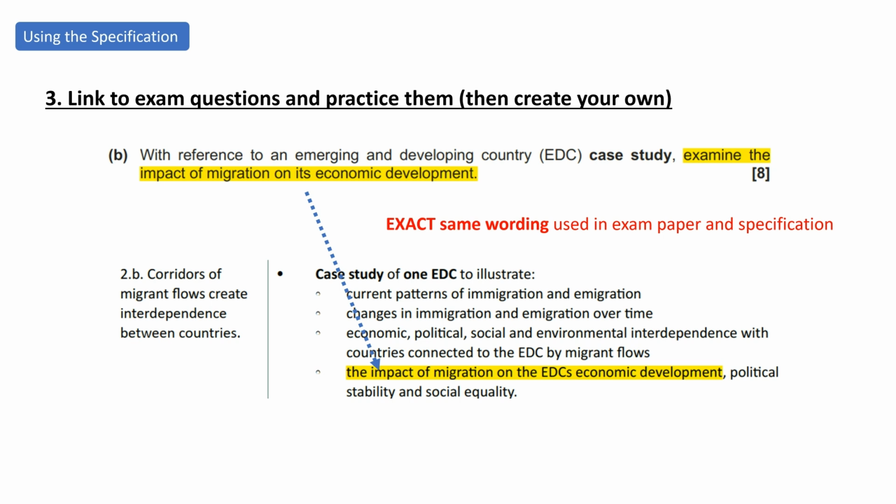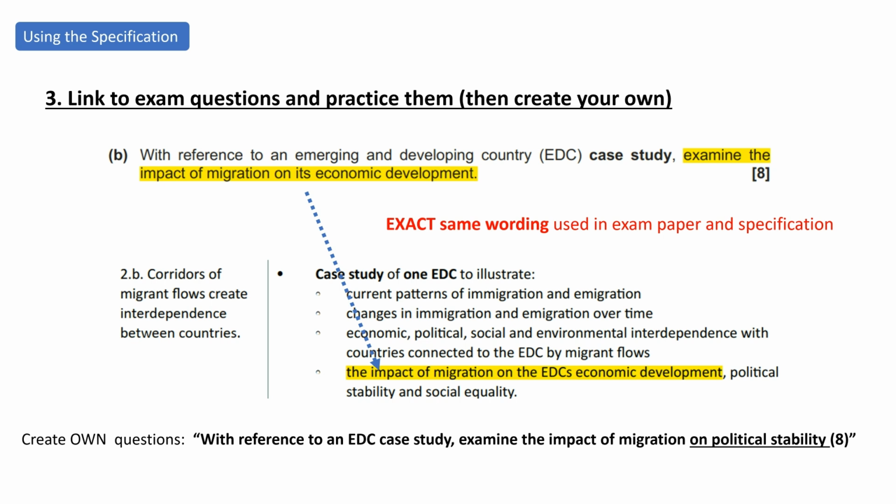So once I know that, all I might have to do is change some of the words to create a question that maybe hasn't come up yet, but could come up in my next paper. So all I've changed here, I've taken the exact question, but the only thing I've changed at the end is the word political stability. Where have I got that word from? Well, that word is in the specification.